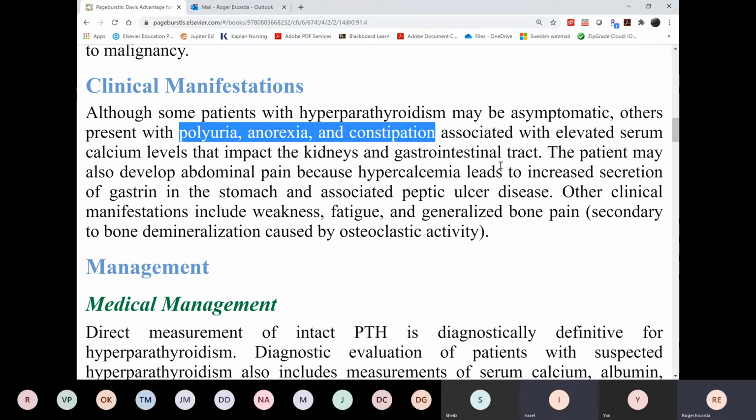So giving the fluid will dilute the blood, causing immediate correction of the calcium levels. However, that will only be temporary. So you're only diluting the blood, but not really getting rid of the calcium.